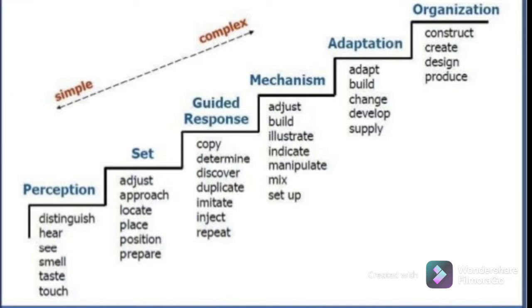We have construct, create, design, and produce. So these are just some of the many behavioral verbs that you can choose from. Be sure that the verb that you are going to use, if it is not listed in this image, must be SMART: specific, measurable, attainable, result-oriented or reliable, and time-bound.